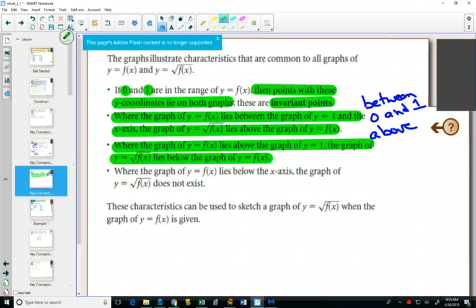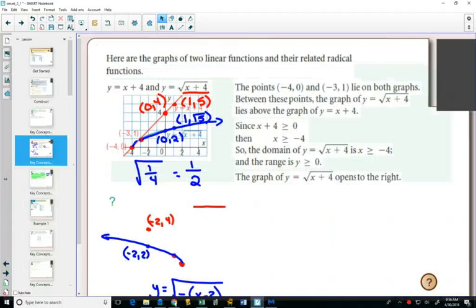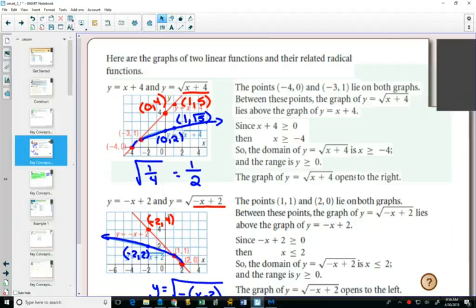Finally, one of the things that I didn't talk so much on these last graphs, but we should, is I'm going to quickly go back to these last ones and say wherever my red graph was negative, I didn't draw my blue graph. Why? Well, you can't take the square root of a negative.